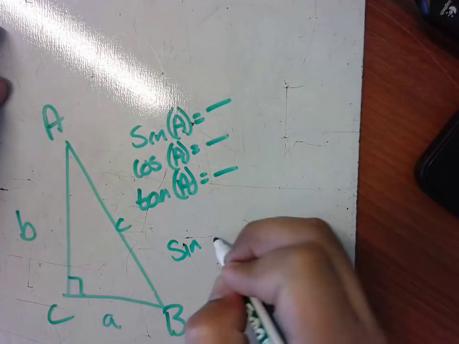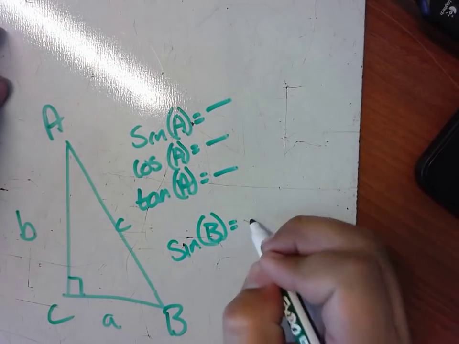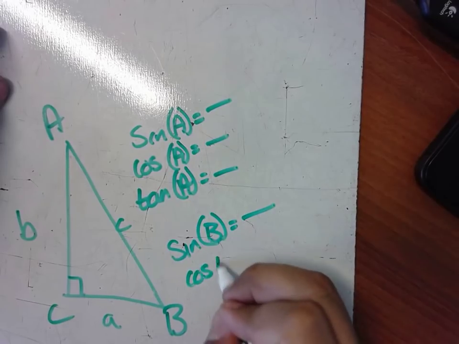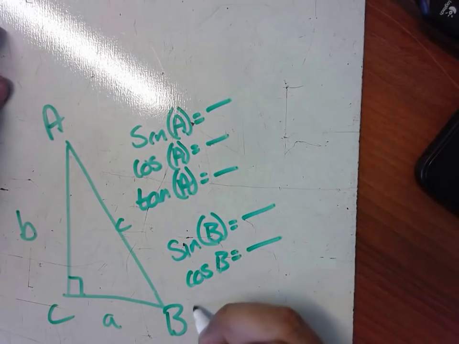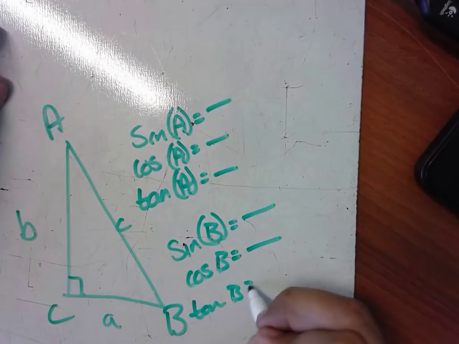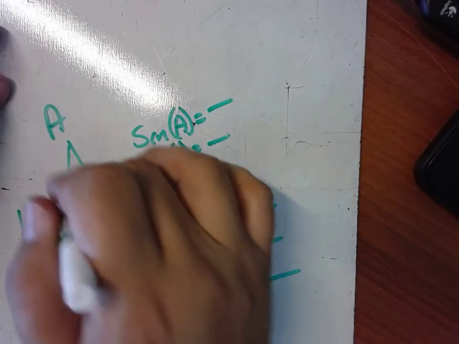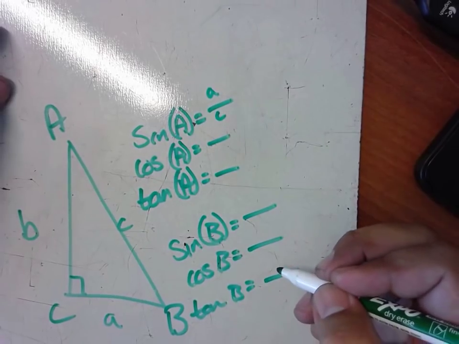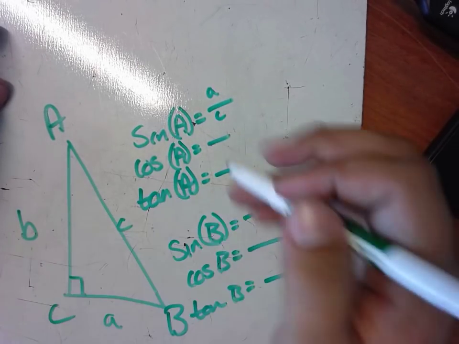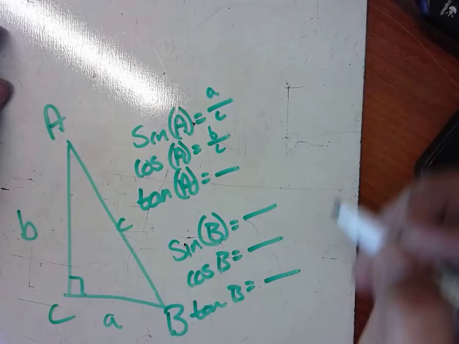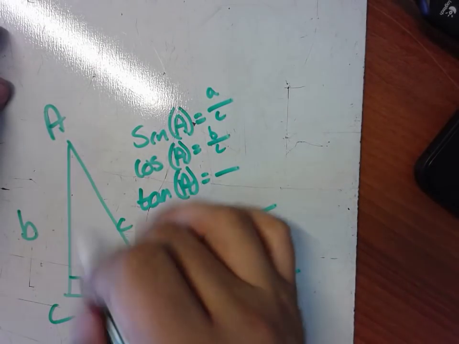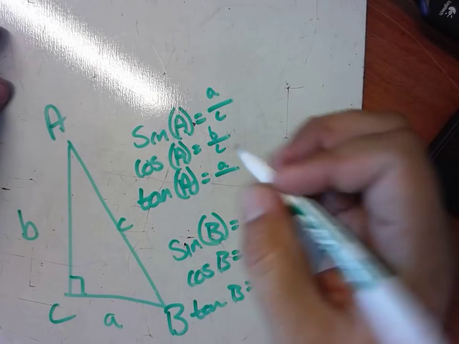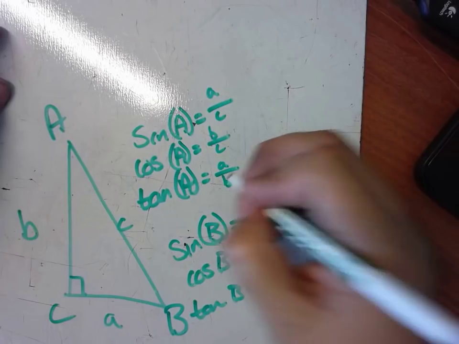Then sine of B, cosine of B, tangent of B. So sine of A, sine is opposite, which is little a, over hypotenuse, which is C. Cosine is adjacent, which is little b, over hypotenuse, which is C. And tangent is opposite, which is little a, over adjacent, which is little b.